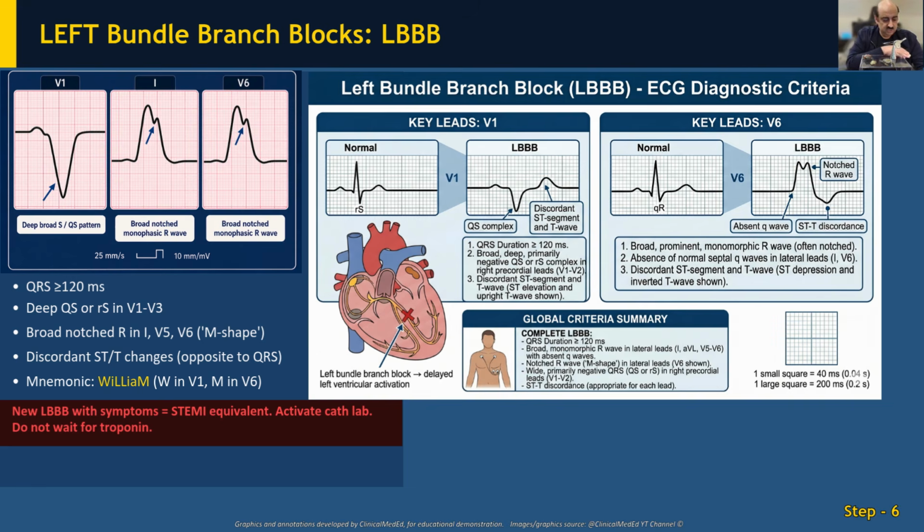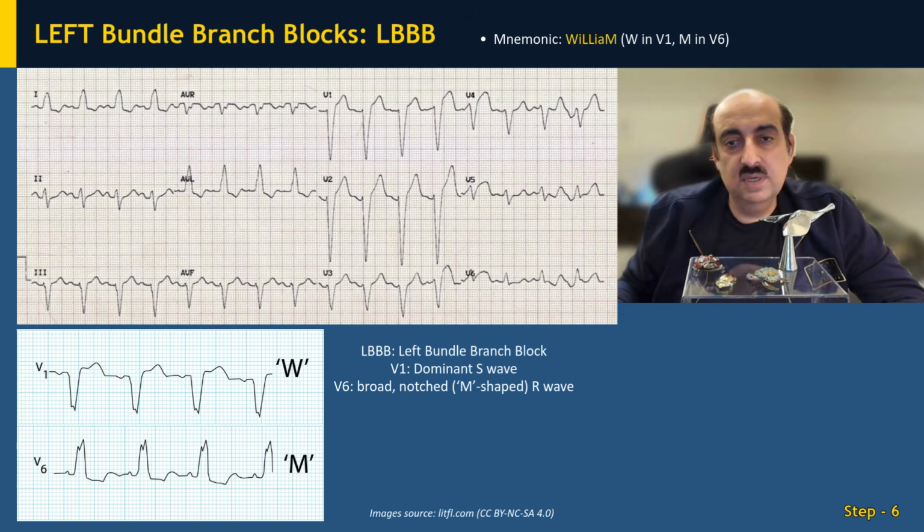The other leads, which are the lateral leads 1, AVL and V5, V6, will have a notched second R wave, and that leads to an M type of pattern. Also you will have discordant ST and T wave changes. So this is an example of the left bundle branch block pattern.